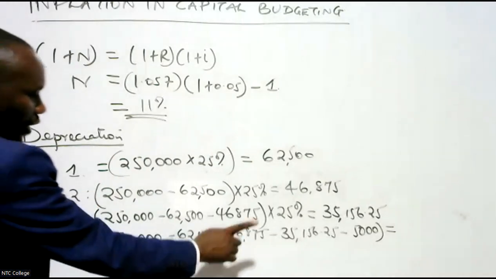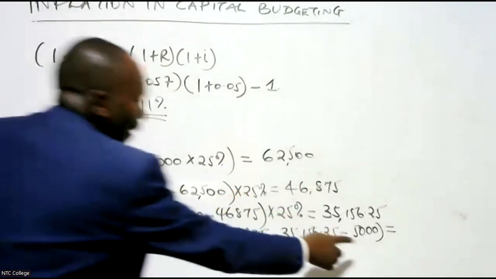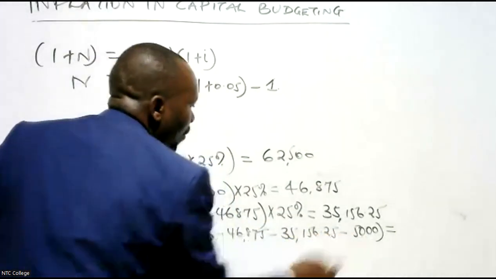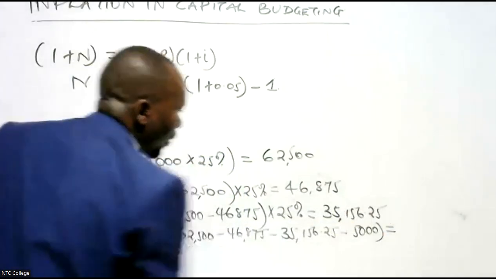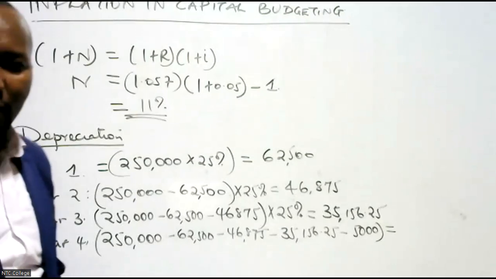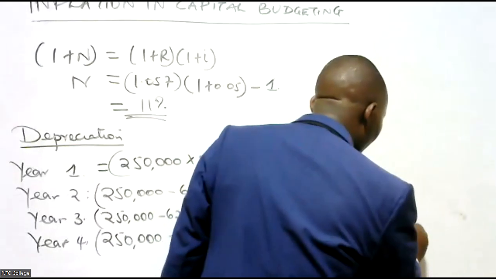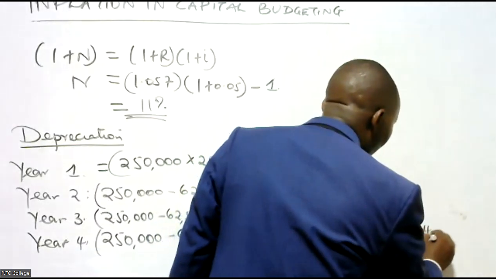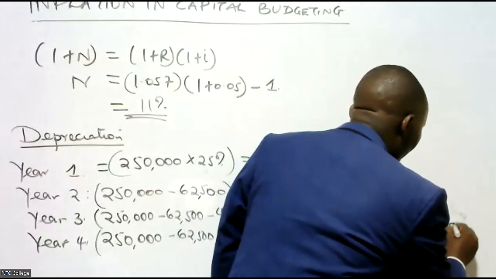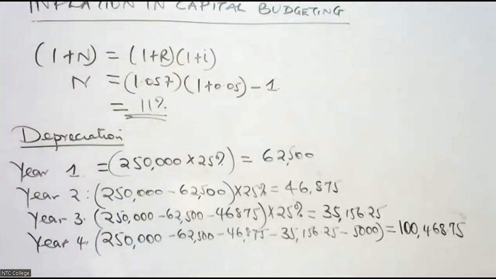We have deducted this, and this, and also this. And we are told we should remain with this. So how much are we supposed to reduce so that we remain with this? We simply minus this, then we get that figure. So just calculate. Tell me, it is 100,468.75. So those are the depreciation for the period.